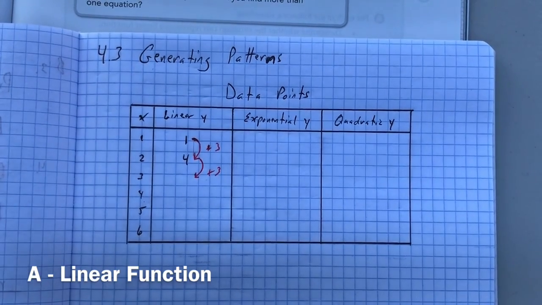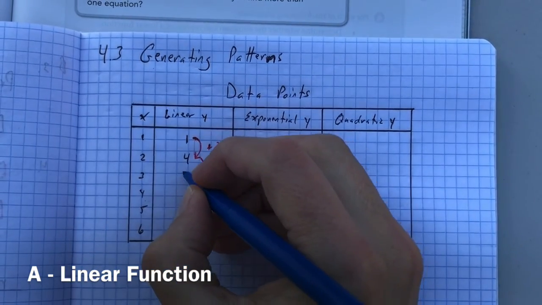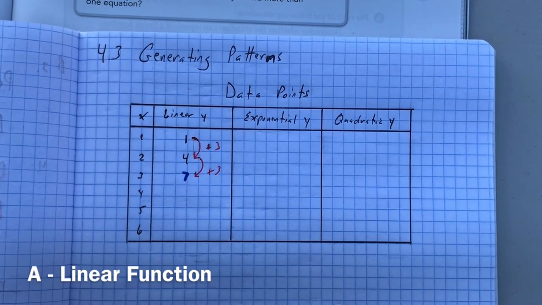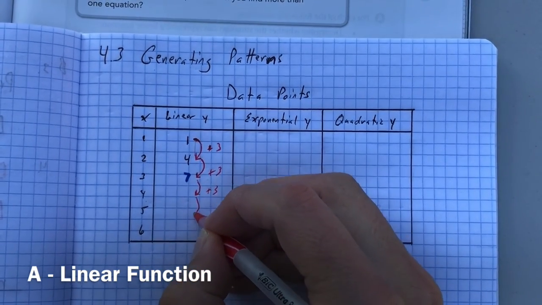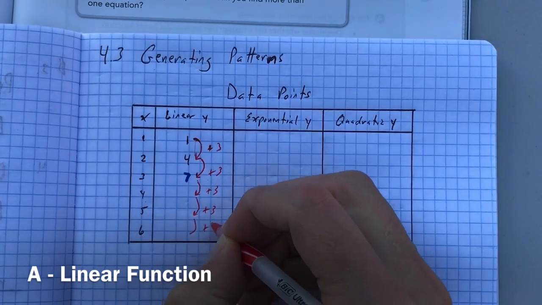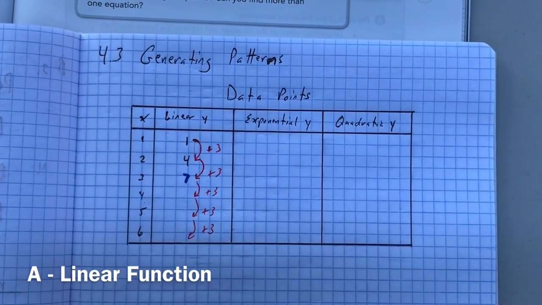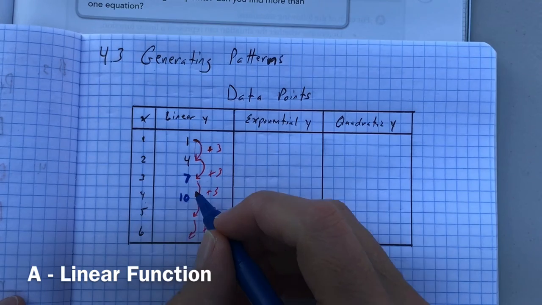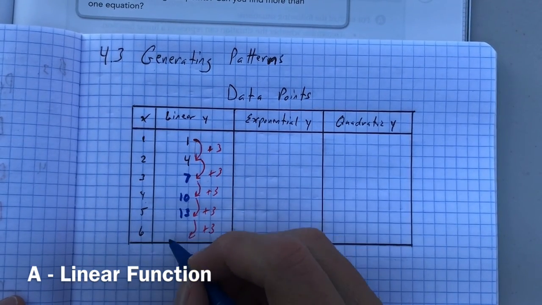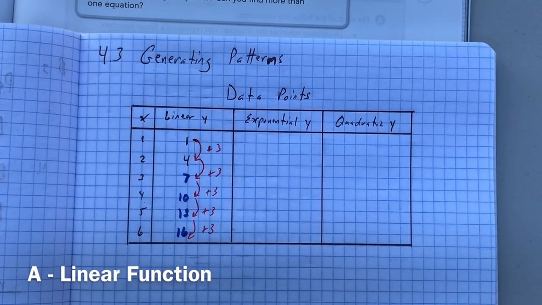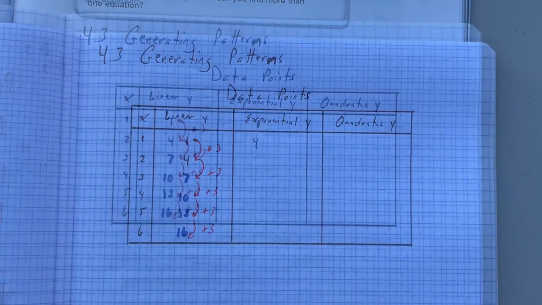That would, in this case, need to be 7. And you can see that we continue that pattern all the way down, plus 3 and plus 3 and plus 3. We're going to be getting 7 plus 3 is 10, 10 plus 3 is 13, and 13 plus 3 is 16. And that's the pattern we're going to see specifically when it comes to the linear situation.